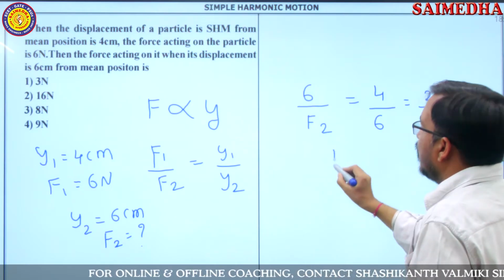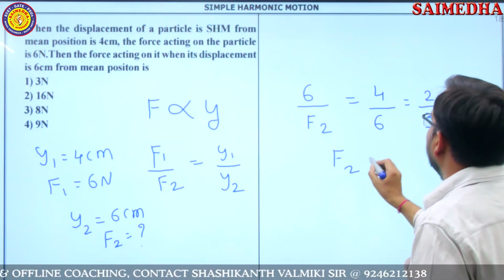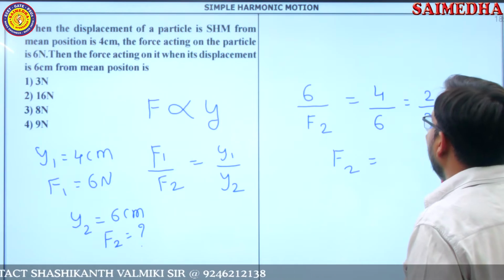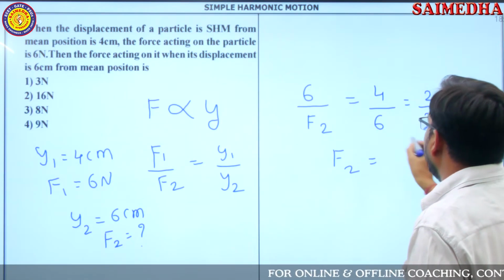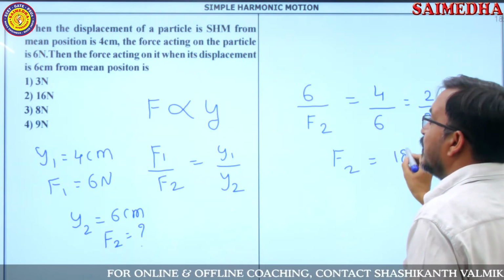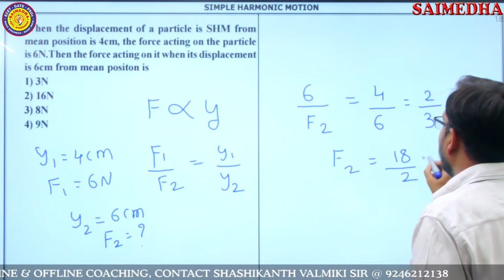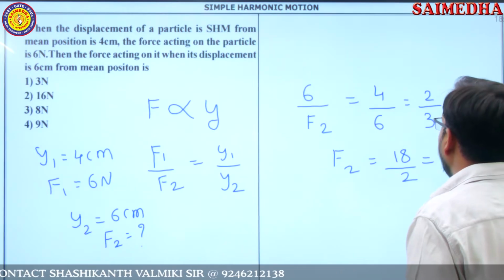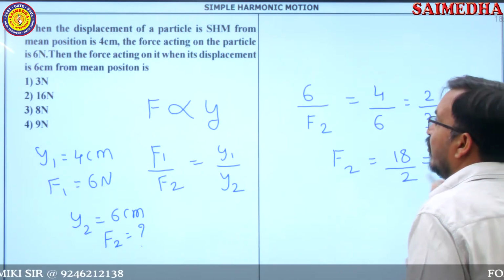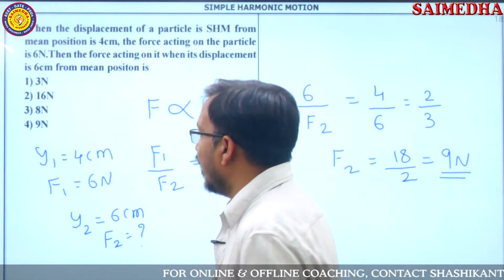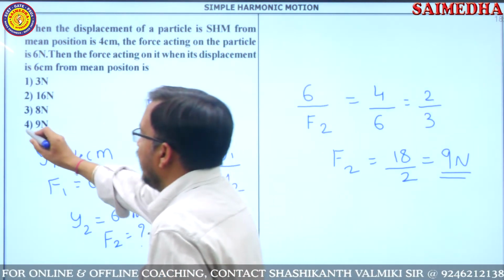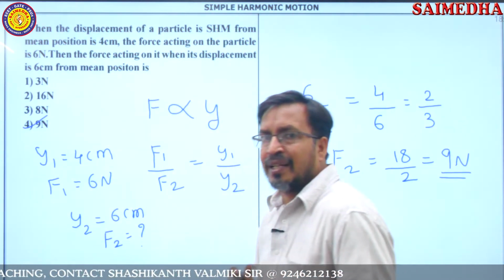Then F2 equals 6 times 3 by 2, that is 18 by 2, which equals 9 newtons. So when the displacement is 6 centimeter, the answer is 9 newton. Therefore option 4 is correct.